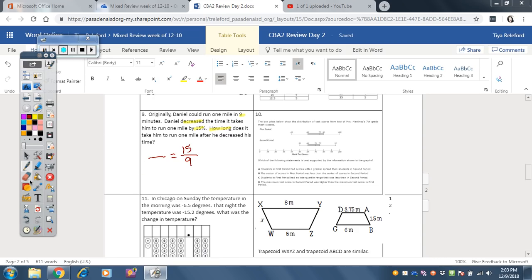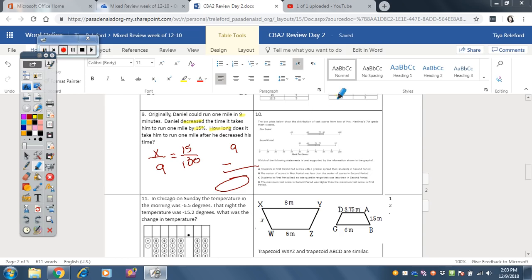Ooh, it just doesn't work. Can't go backwards in time. So you're going to have to find out how many minutes 15% is. And it very likely could be a decimal. Then you're going to have to subtract. That'll be your answer. So 2 steps on that one.